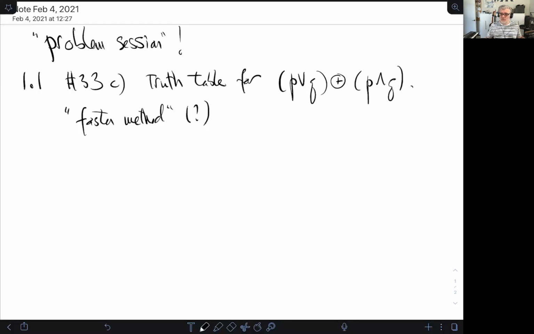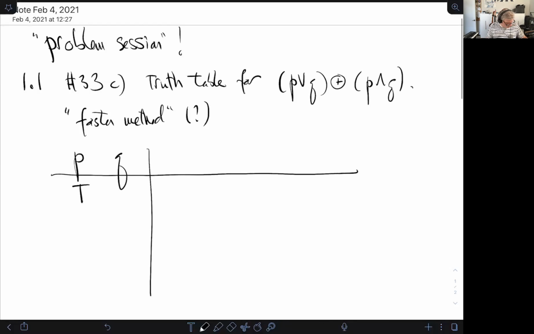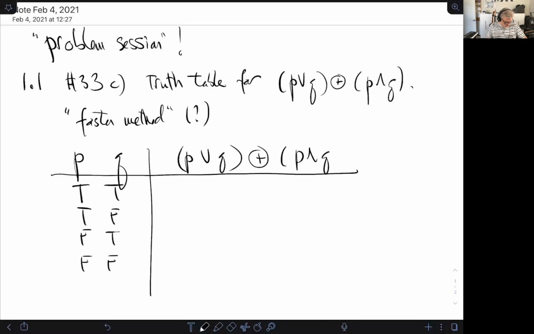We have 2 variables, P and Q. So that's 4 rows in our truth table. So true, true, true, false, false, true, false, false. These are the 4 possibilities for P and Q. And I've got P or Q, XOR P and Q.